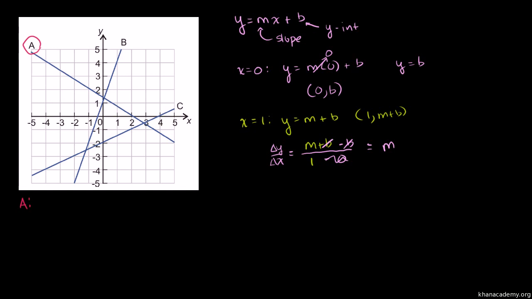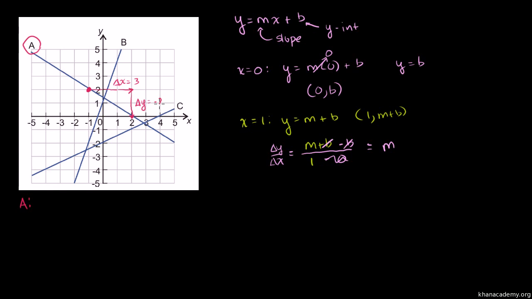So what is A's slope? Let's start at some arbitrary point, right over there. And we want to get to even numbers. So if we run 1, 2, 3, so if our delta x is equal to 3, our delta y, and I'm just doing it because I want to hit an even number here, is equal to, we go down by 2.